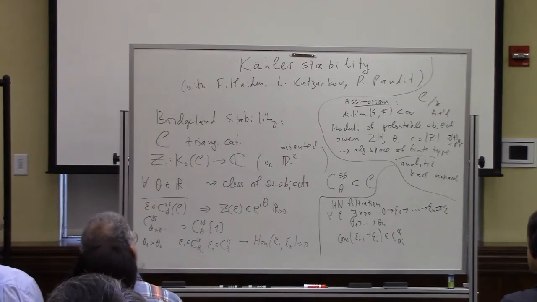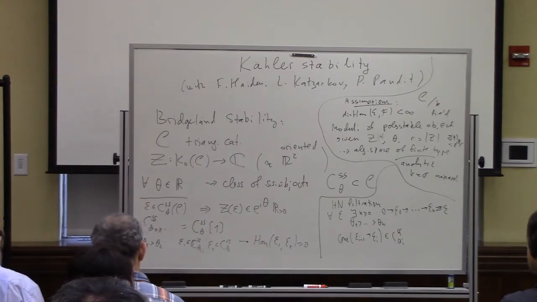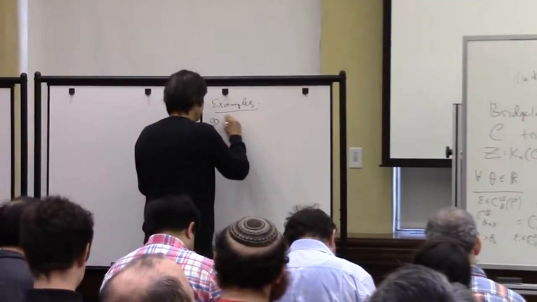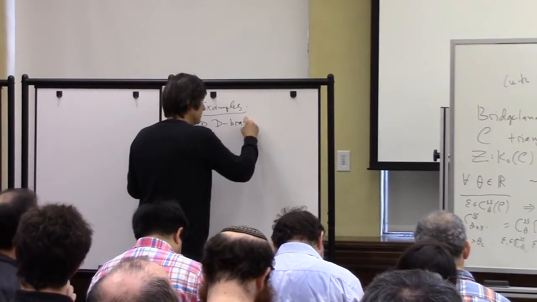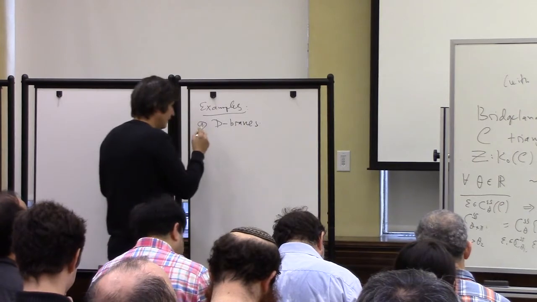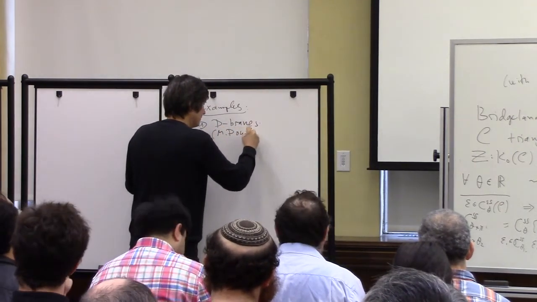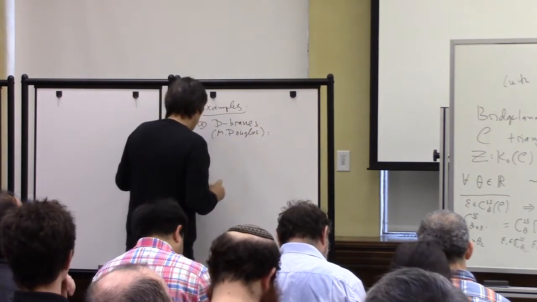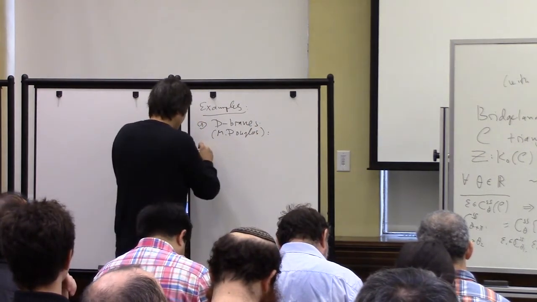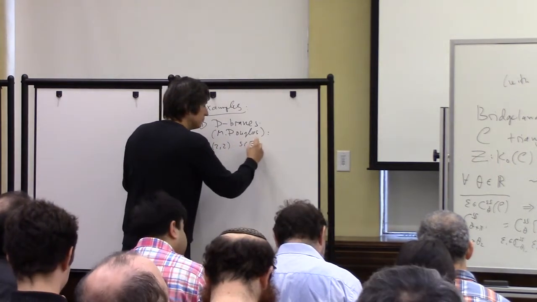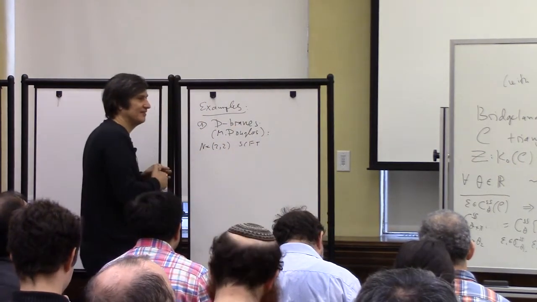Yeah, so the first two examples will be kind of fictitious, but what was really original to the subject, the first example, is D-branes. So it's not mathematics yet. It all came from inspiration by Mike Douglas. If you have whatever N equal to 2 superconformal field theory, yeah, it's still a mathematical object.